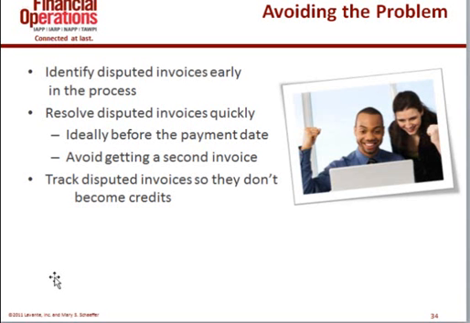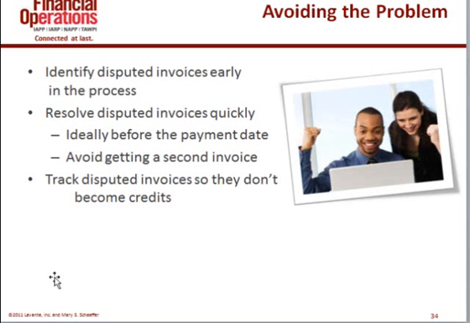If you can do that, I realize it's not as easy as I'm making it sound. You won't get that dreaded second invoice, and you avoid the possibility of getting a credit associated with this matter. Again, not as easy as I'm making it sound. I realize it.